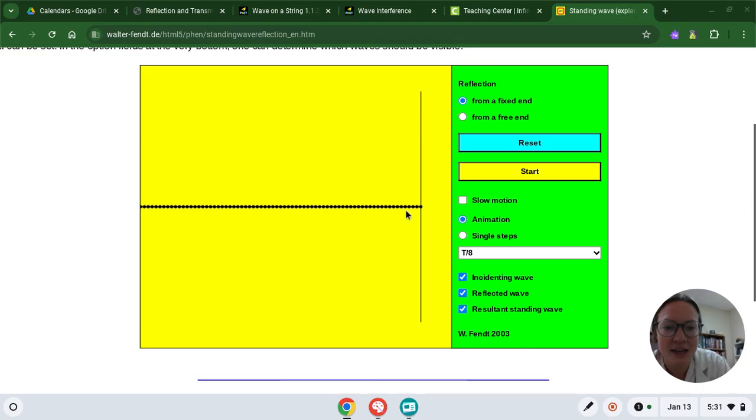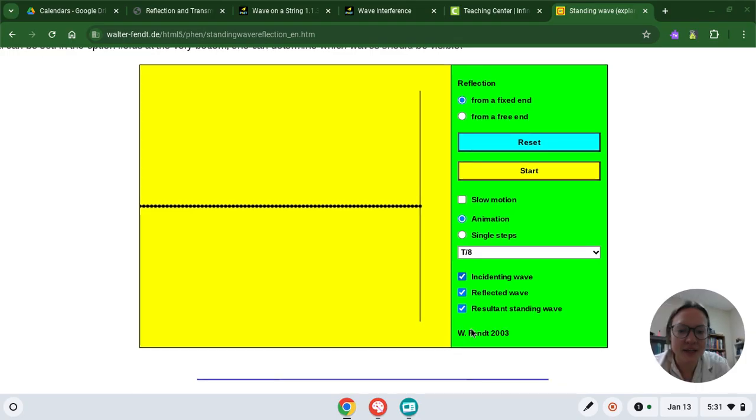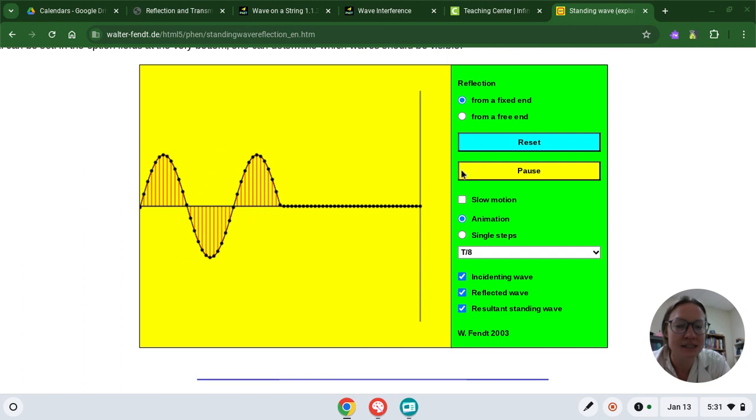Okay. Here's what's going to happen when we get a standing wave. Here are all the conditions that have to happen. What you have is a wave that starts here, and I'll pause it as it goes, but you're going to have a wave that starts here, and it's going to start traveling across this little rope here, traveling on its journey. Now, as it travels, this wave is going to hit this end right here, and when it hits this end, it's going to reflect.